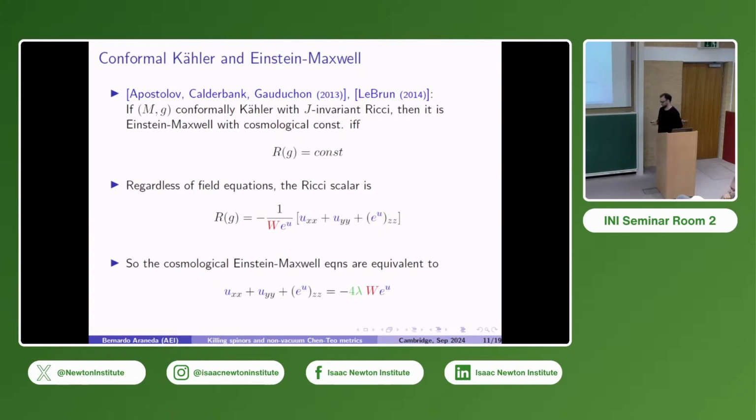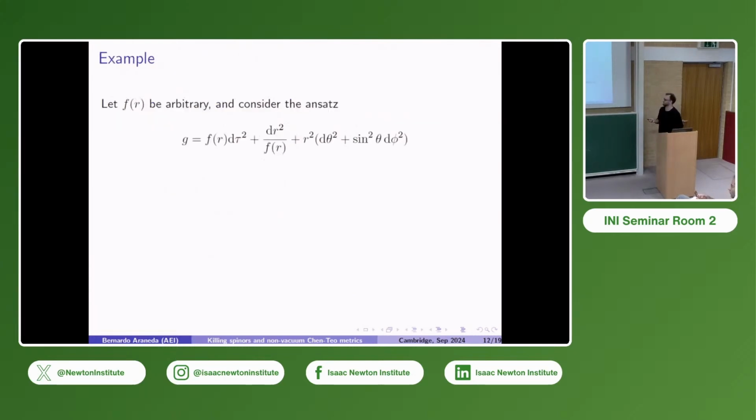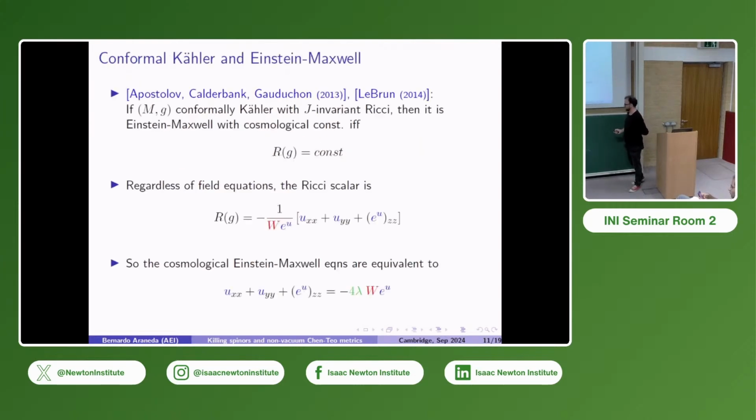And now before moving on to the last part of the talk, where I want to show you how this works in practice, let me give you a very simple example. Sorry, your W in that last equation is still fixed in terms of the U as before, is it? That's a very good question.